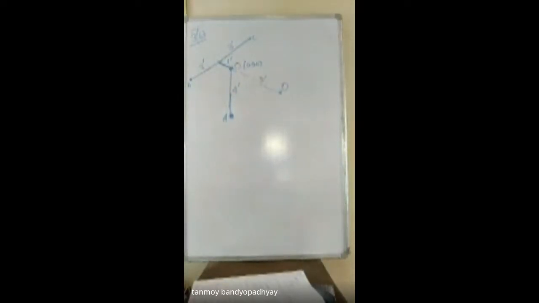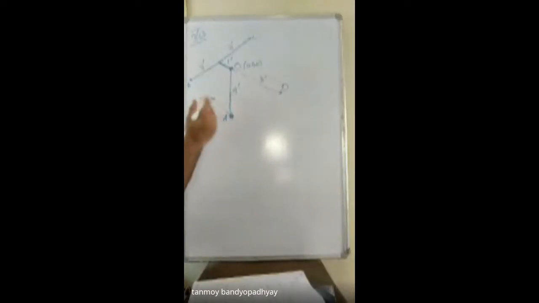Now here you need to calculate the tensions acting on the cables AB, AC and AD. There are cables connecting these, I am not drawing them. There will be a cable connecting AB, so we will have TAB.